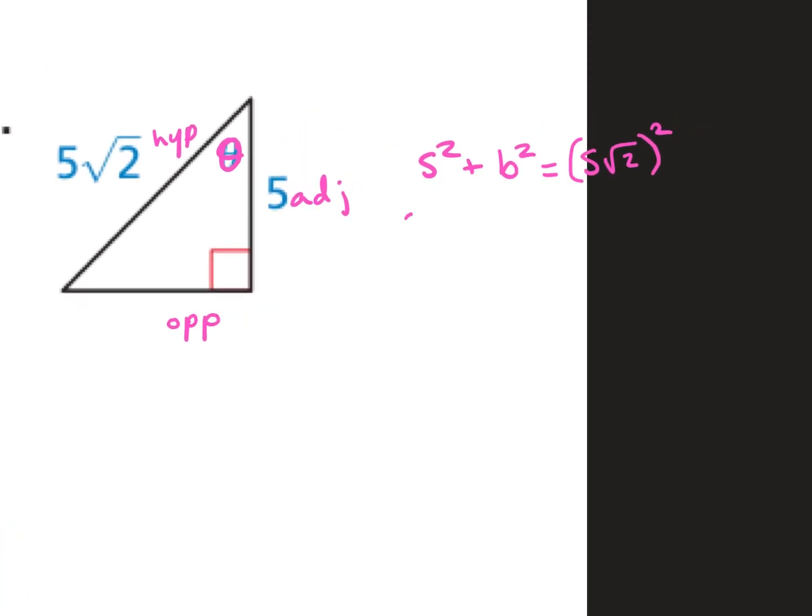So our 5 squared is 25 plus b squared. How can we square 5 square root 2? Doesn't the 2 cancel out the square root? The 2 applies to the 5 and it applies to the square root 2. So yes, it cancels out the square root, so we're just left with 2 here.